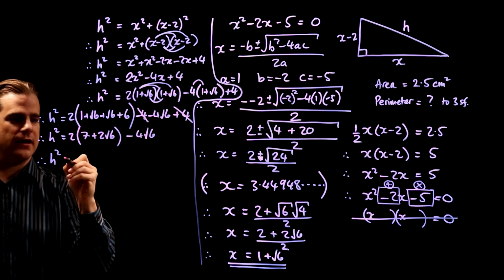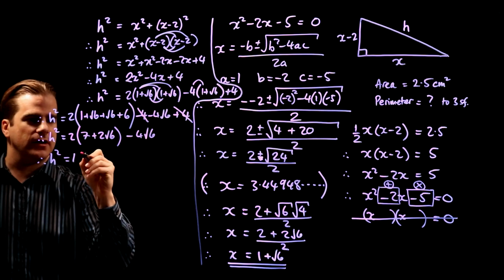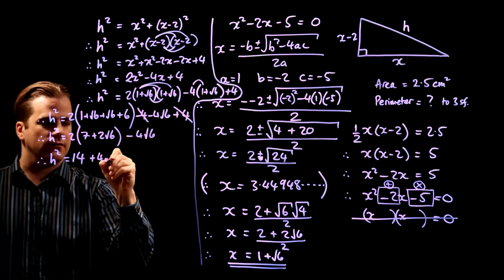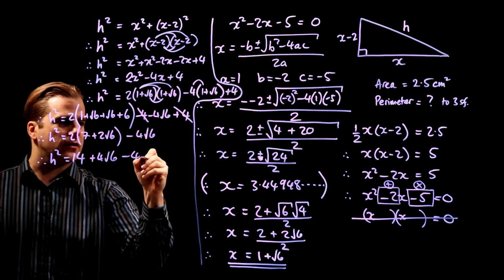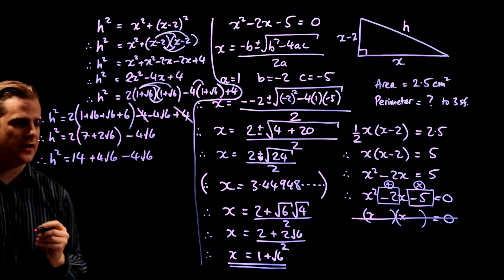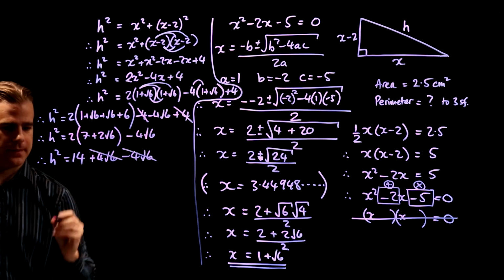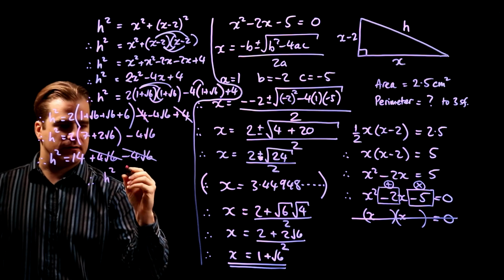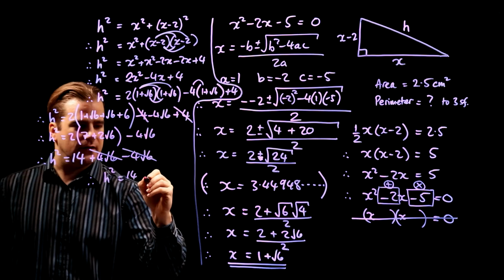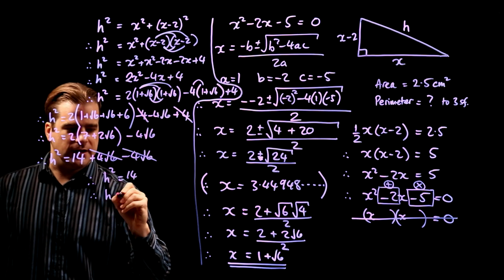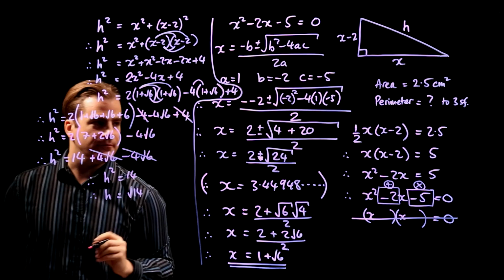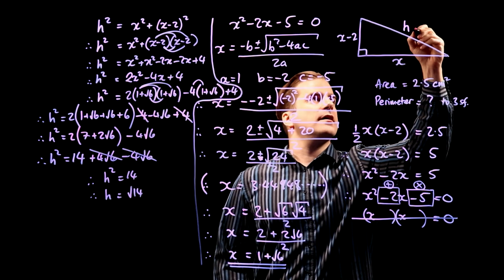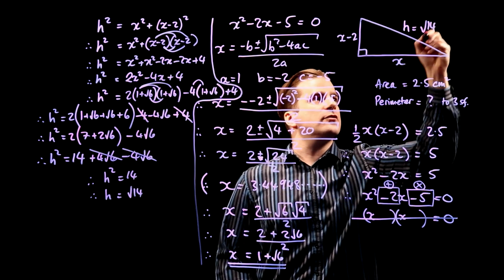For h squared, 2 times 7 is 14. 2 times 2 root 6 is 4 root 6. Oh look, that's nice. Minus 4 root 6. Boom, boom. Therefore, h squared is 14. Therefore, h is root 14. Good. So that's root 14.